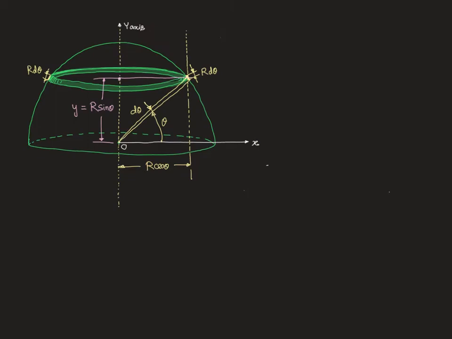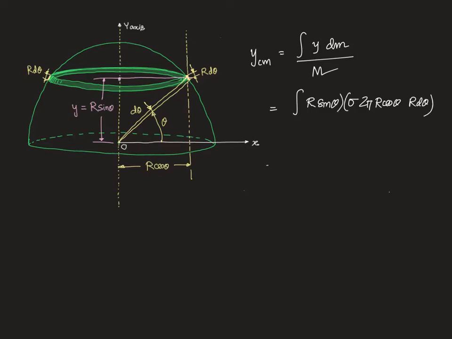So YCM is integral y dm by M as we have written. So y will be r sin theta, dm will be sigma 2 pi r cos theta times r d theta, divided by M. M will be sigma 2 pi r square. So the limits of theta.